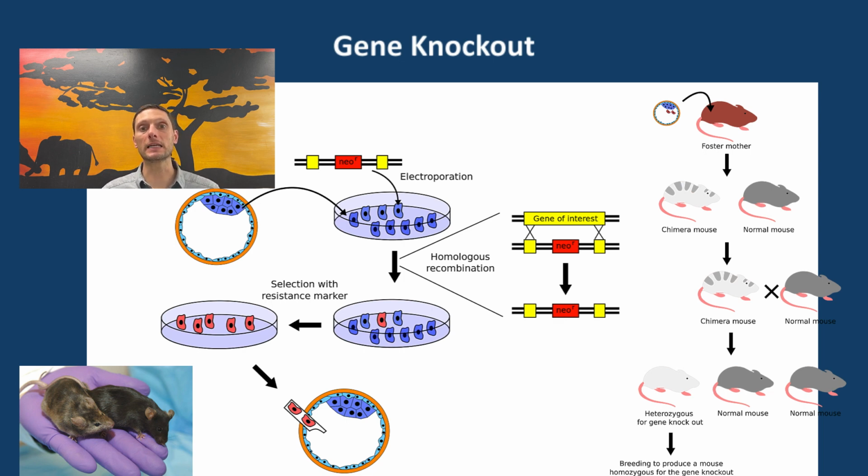So thereby it deletes the original sequence. The successful embryo cells are selected, grown into an adult, and those adults have only one copy of the target gene. Males and females with one copy are mated so that 25% of their offspring will have no copies of the target gene, so it's thus been knocked out, and those are referred to as knockout mice.